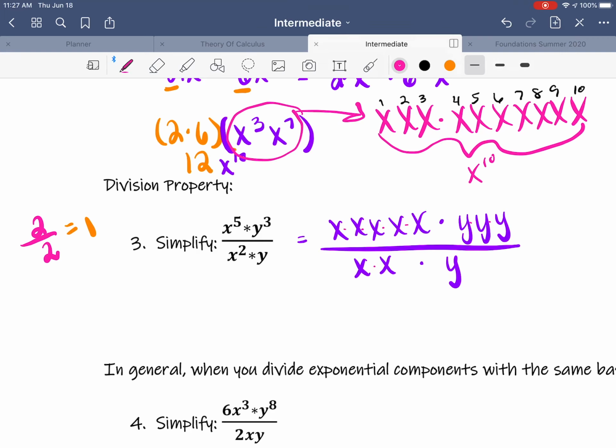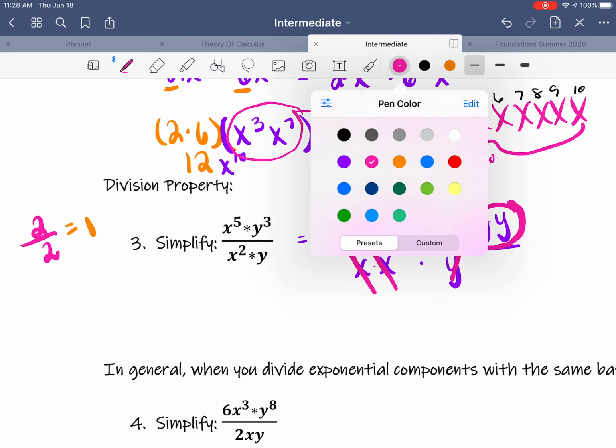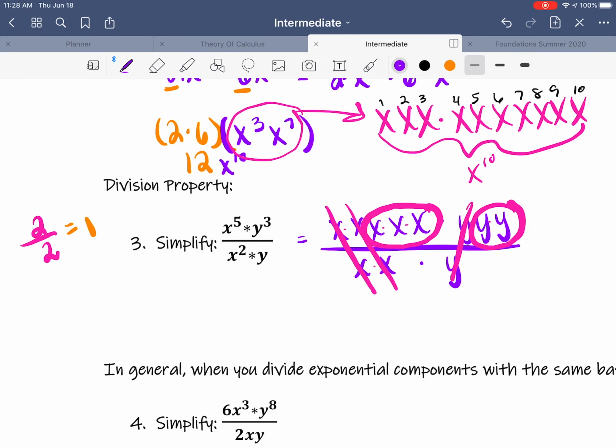So we can start dividing out common terms, dividing to 1 common terms, and clear up some of these components. And then what we're left with is our solution, our simplified expression. So we're left with x to the 3rd y squared.